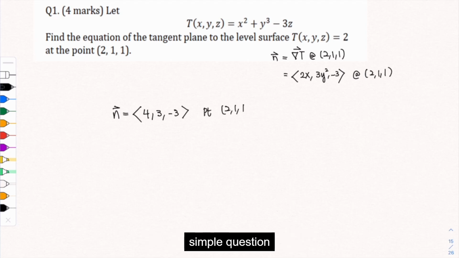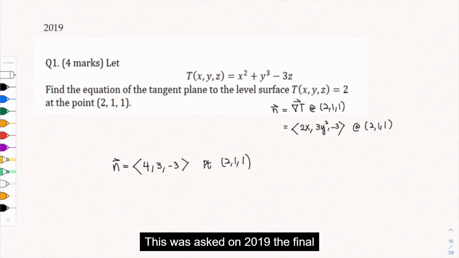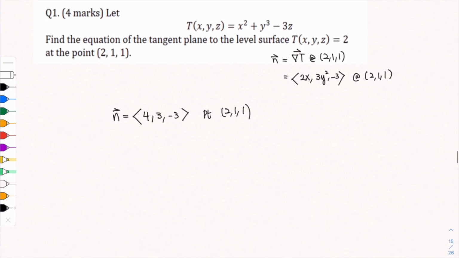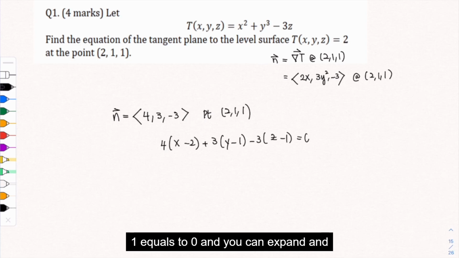Again, simple question. This was asked in the final of 2019. So 4 times (x minus 2) plus 3 times (y minus 1) minus 3 times (z minus 1) equals 0, and you can expand and simplify.